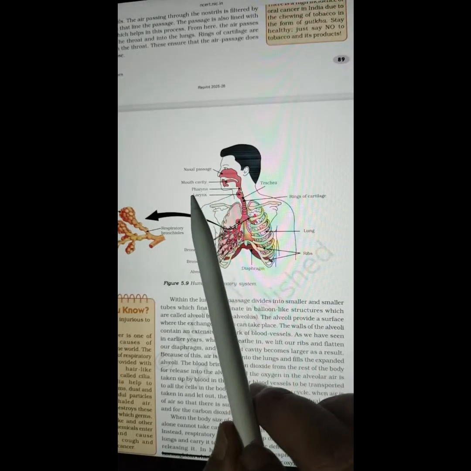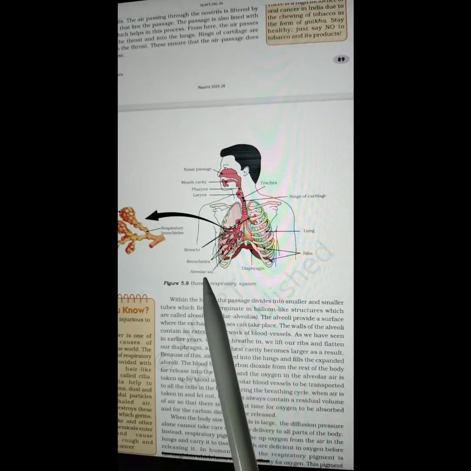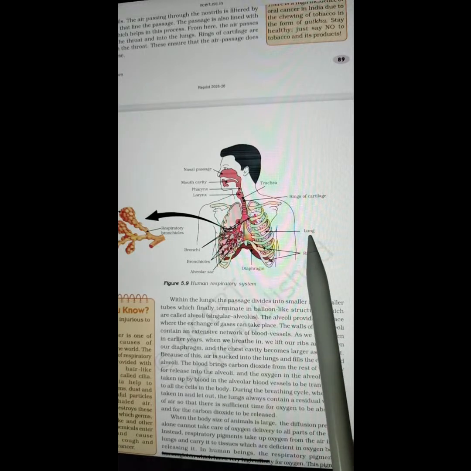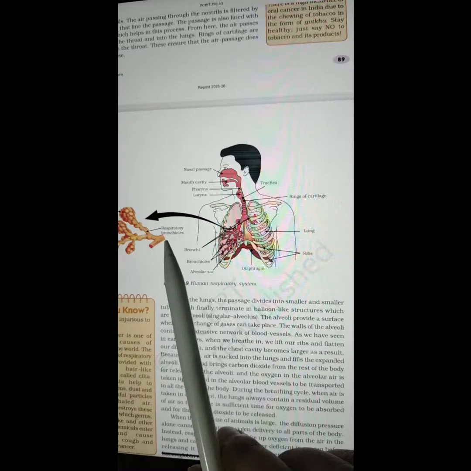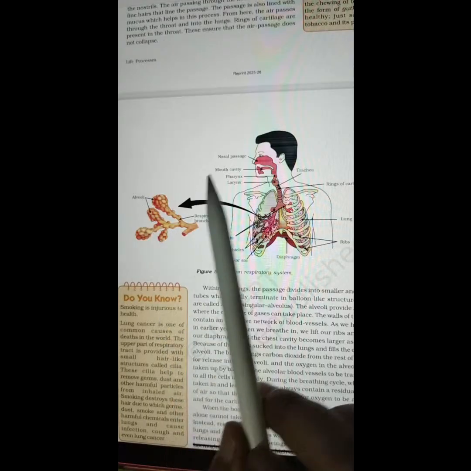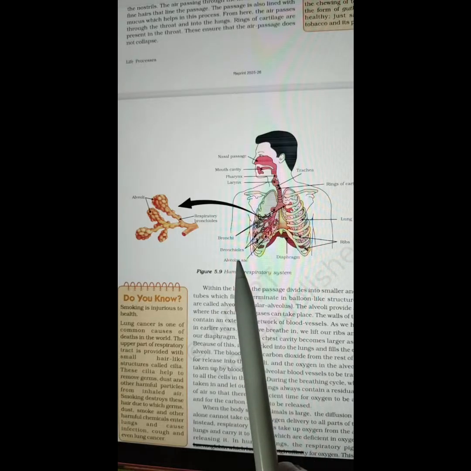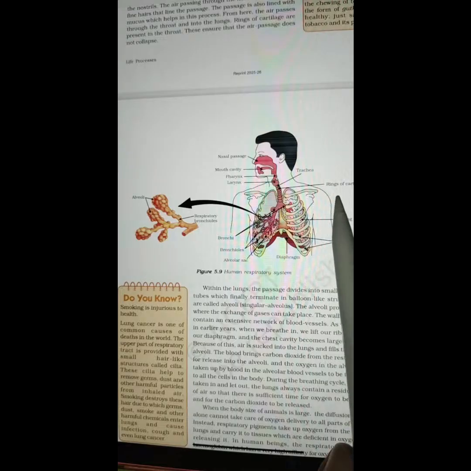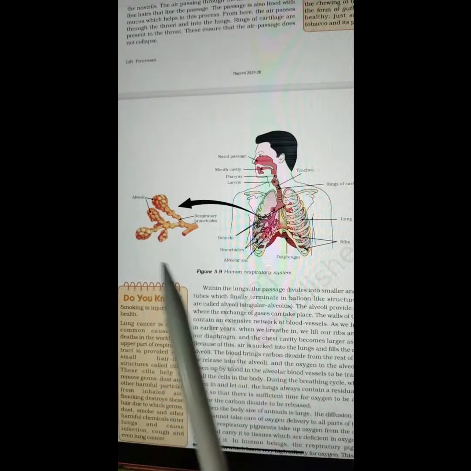Nasal passage, mouth cavity, pharynx, larynx, bronchi, bronchioles, alveolar sac, diaphragm, ribs, lungs, rings of cartilage, trachea, respiratory bronchioles, alveoli.